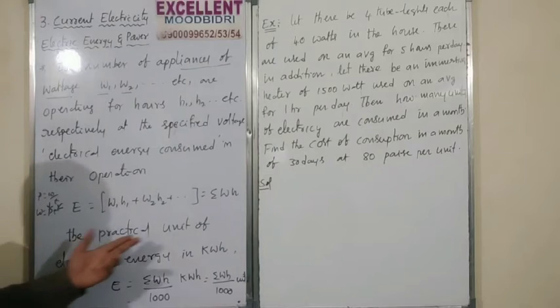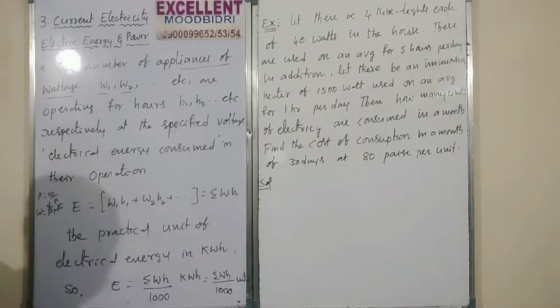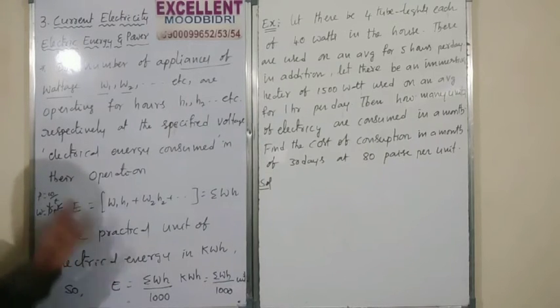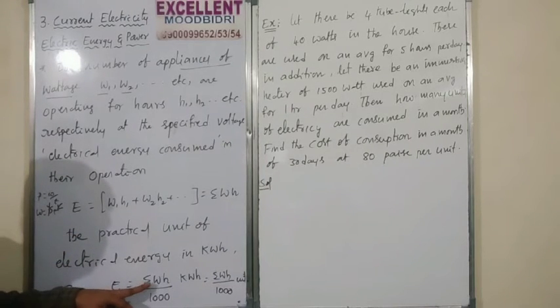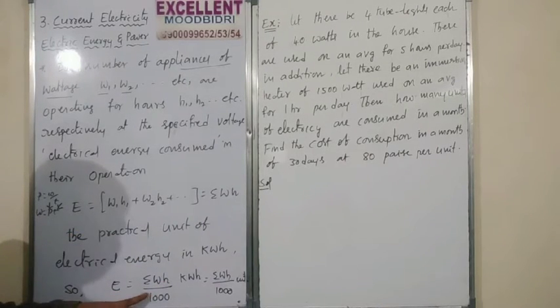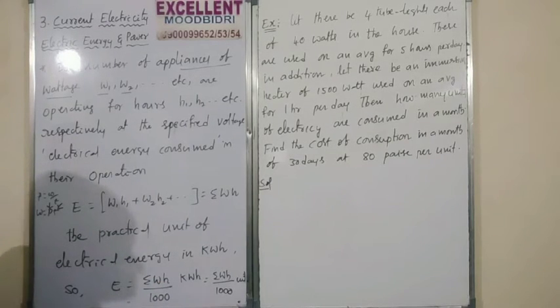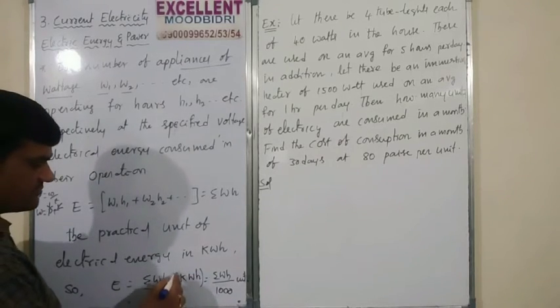The practical unit of electrical energy is the kilowatt hour, so we write the energy as the summation of W into H divided by 1000. Remember, we have to divide by 1000 because of kilo.